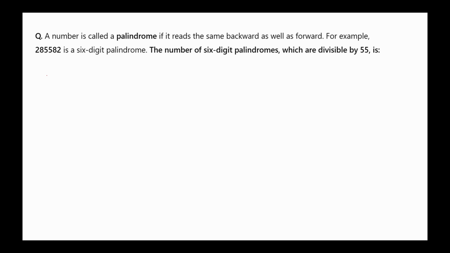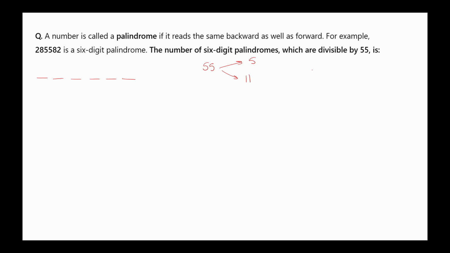So first of all, we need to identify 6-digit palindrome numbers which are divisible by 55. For a number to be divisible by 55, it must be divisible by 5 as well as by 11. I hope you are getting this point. Now, since the number is divisible by 5, what is the last digit that can be possible?